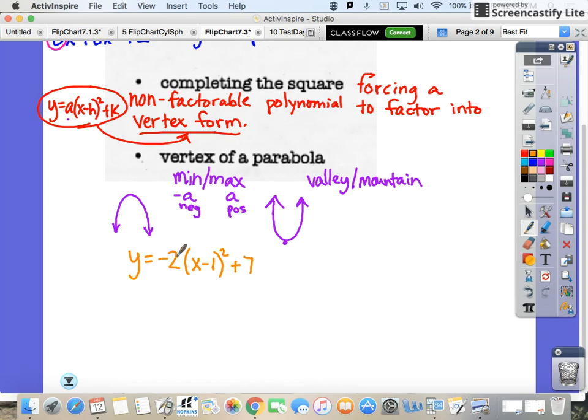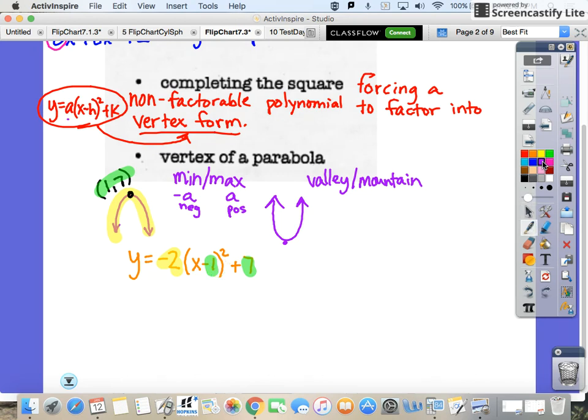Because this is negative, it opens down like that, and we will end up with a maximum. And the maximum is going to be at the vertex 1, 7 because of this and this. Again, it's minus h, so since it's minus 1, that means h must be 1.